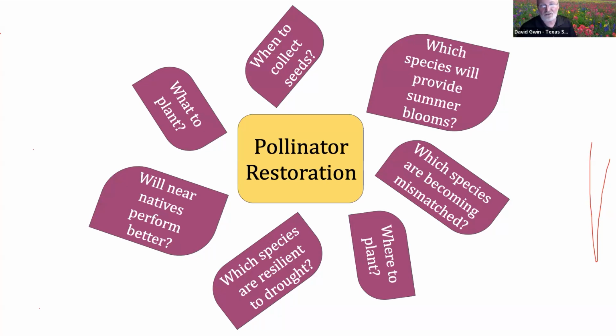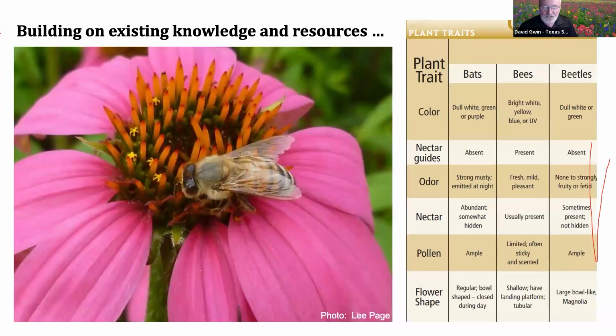We do hope that this project will help us understand that question a lot better. And as we get into the details of the project, you'll start to see how that has been framed up as an overall effort here. But there's many other questions that are also out there. Where to plant, when to collect seed, what to plant, are all meant to be questions that drive better decisions about pollinator restoration. Okay.